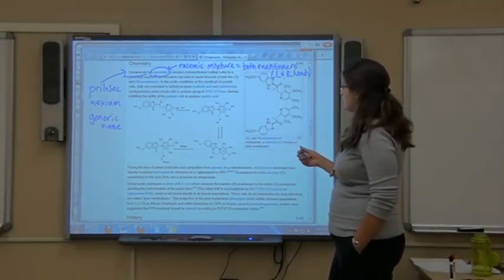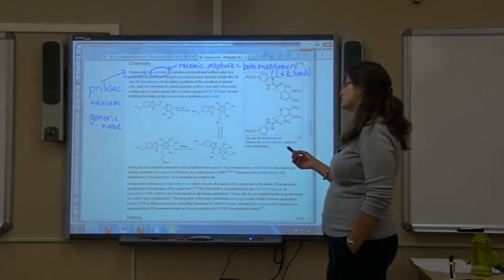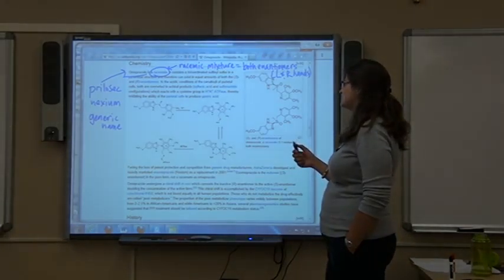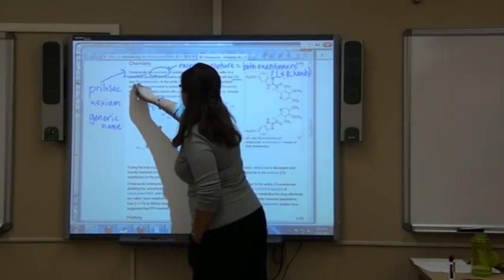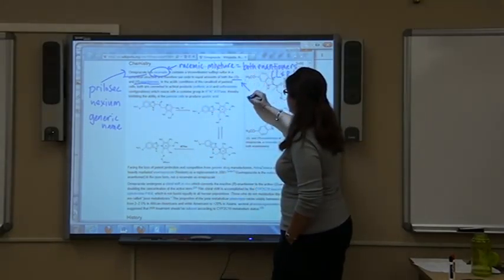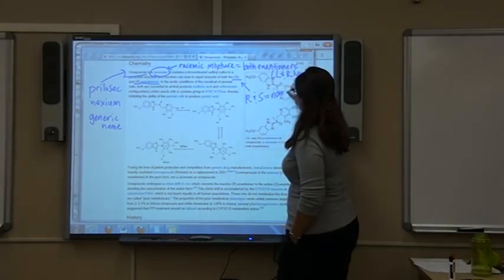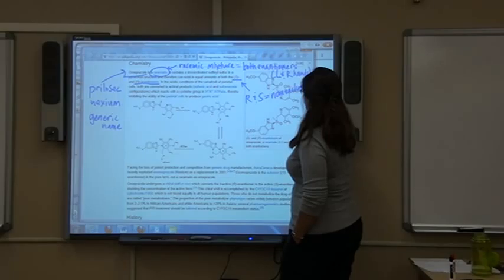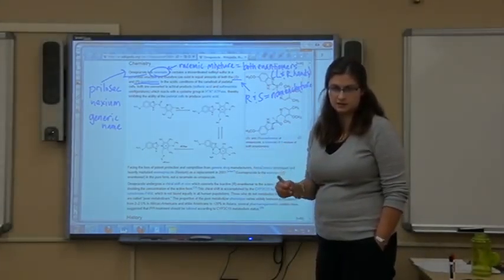It contains a tricoordinated sulfonyl sulfur in a pyramidal structure, and therefore can exist in equal amounts of both the R and S enantiomers. Don't worry about all of that other jargon. R and S is the nomenclature for determining whether it's a left or right hand, is basically all it is.